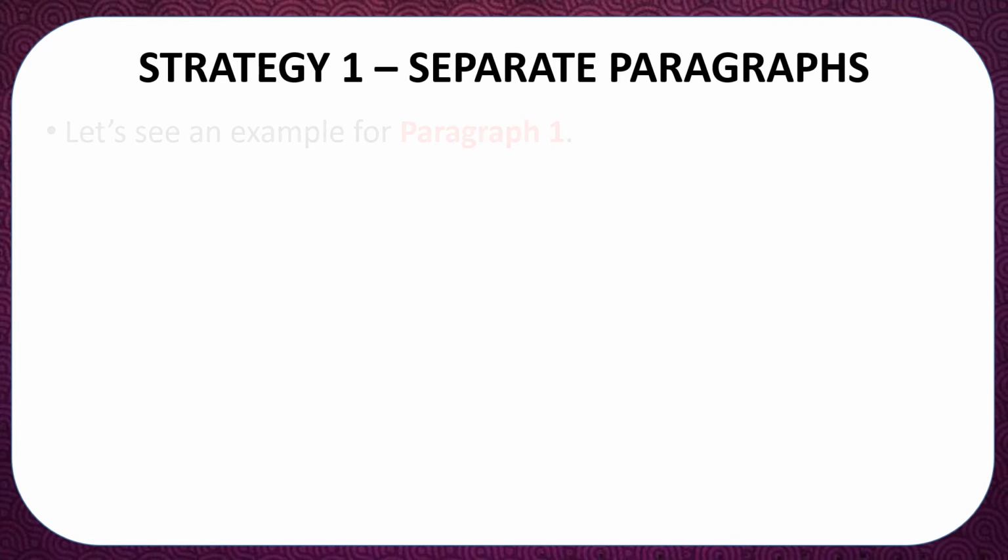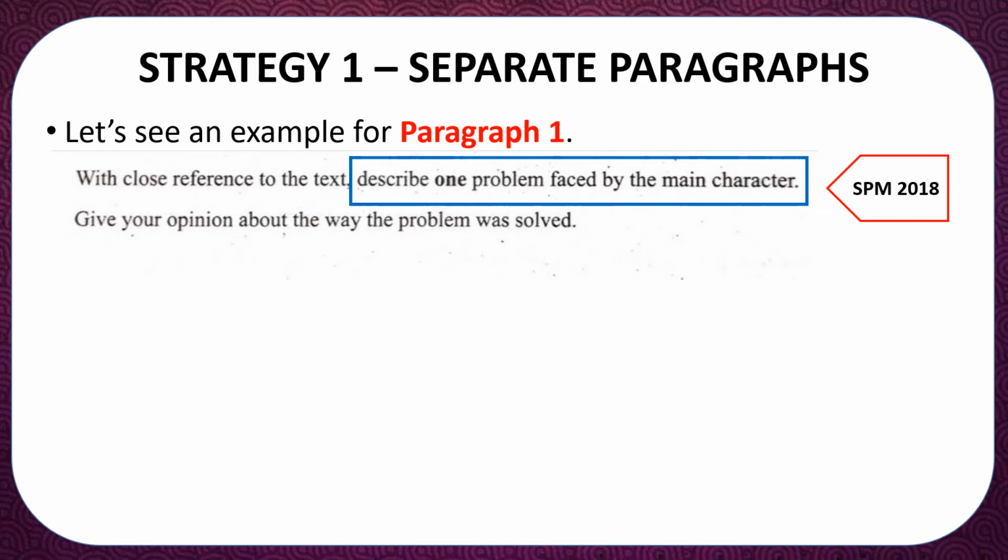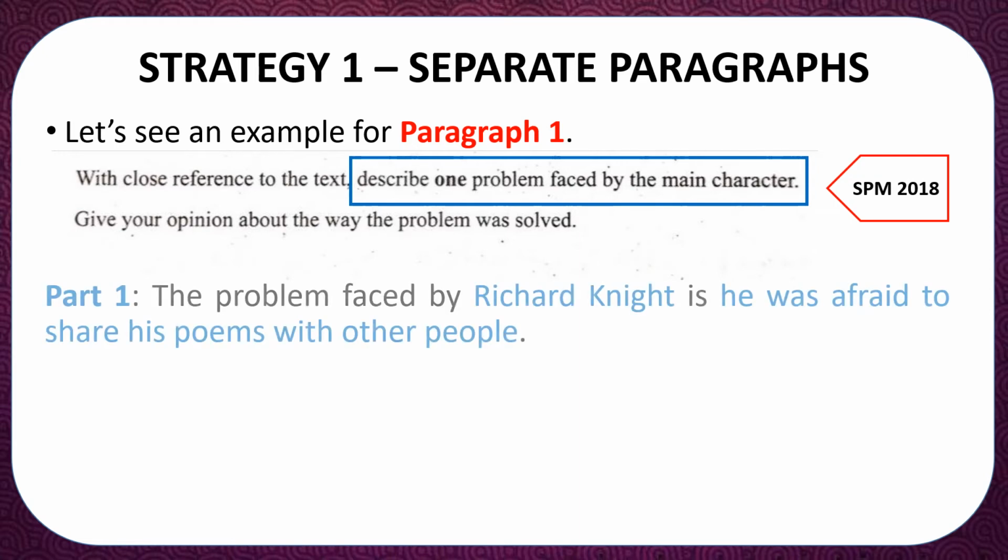Let's see an example for paragraph 1, where you describe the events. So again, we use the same question I have used earlier, right? SPM 2018. So let's see. This is what the question wants, right? So part 1, the problem faced by Richard Knight is he was afraid to share his poems with other people.